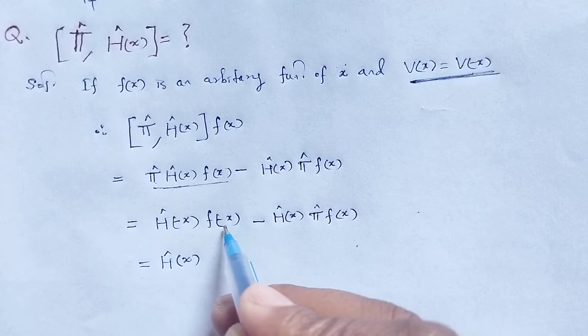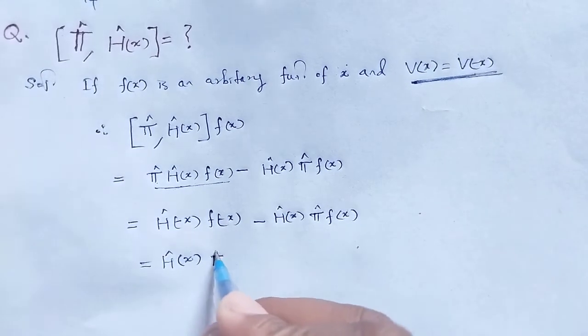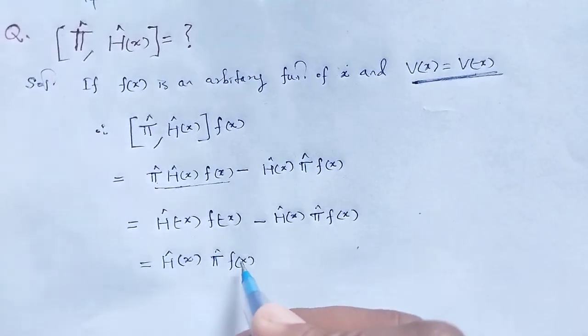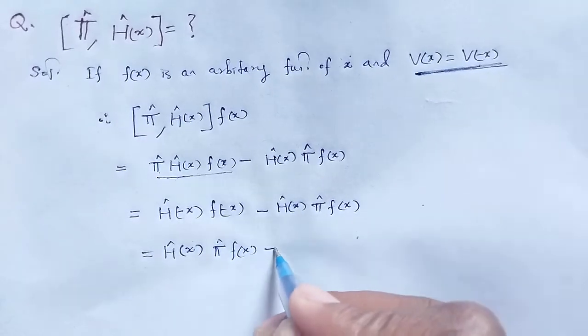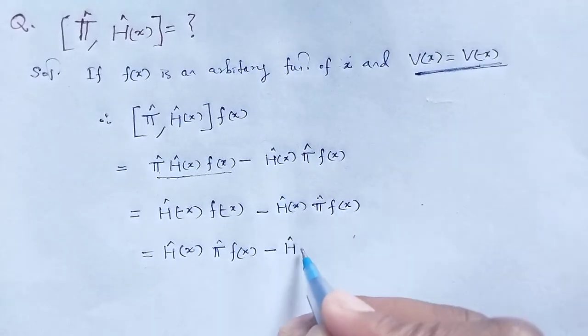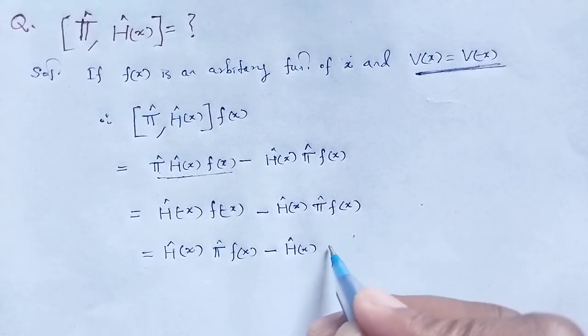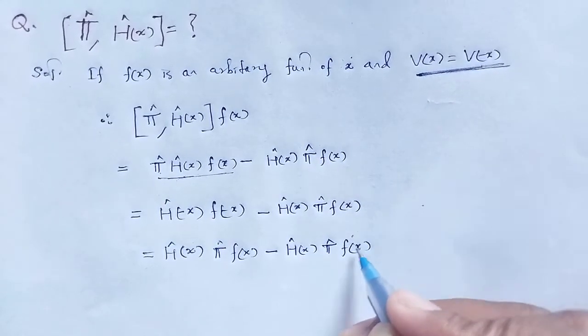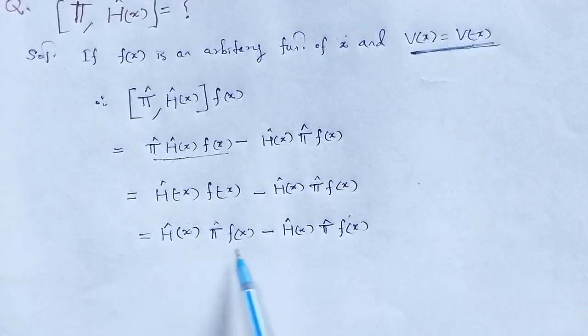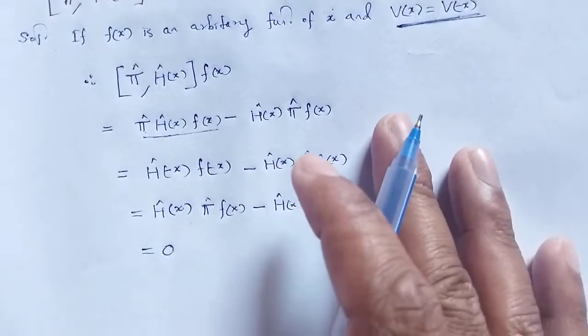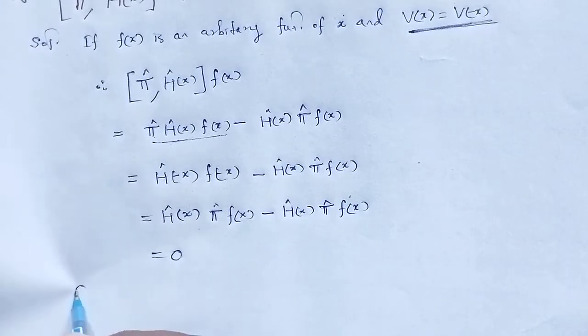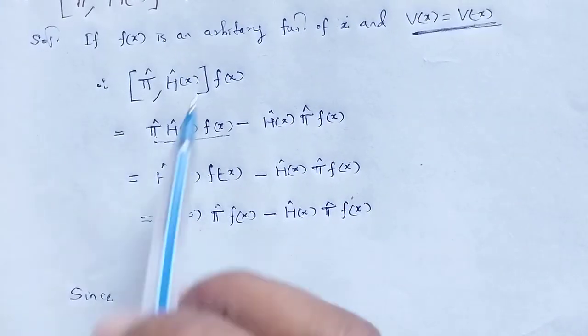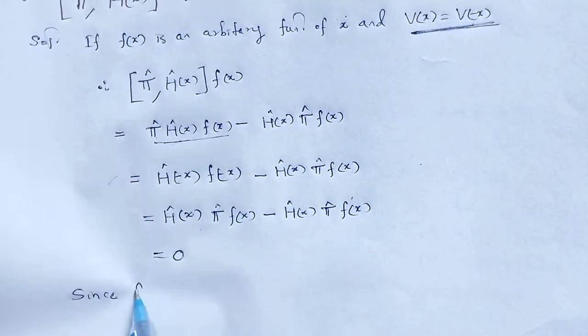F of minus x is written as the parity operator of f of x, minus h cap x, that is the parity operator of f of x. Look at these two, the result will be 0, since f of x is an arbitrary function.